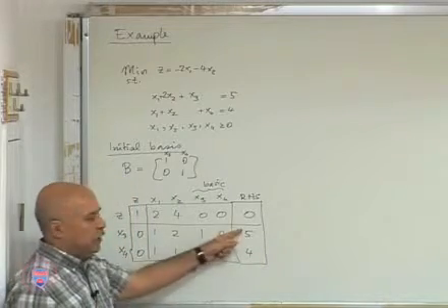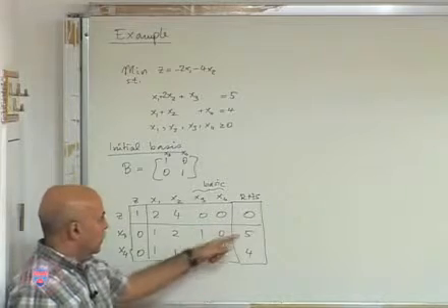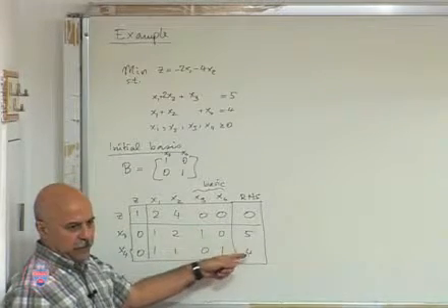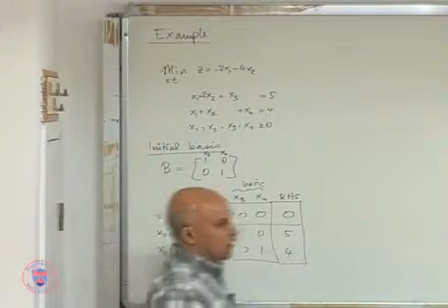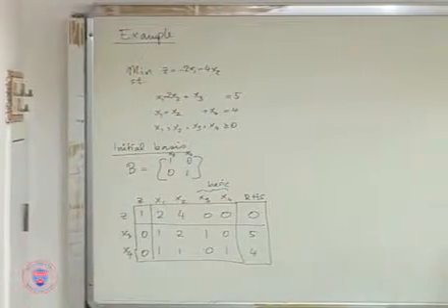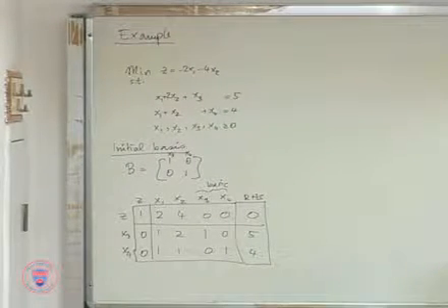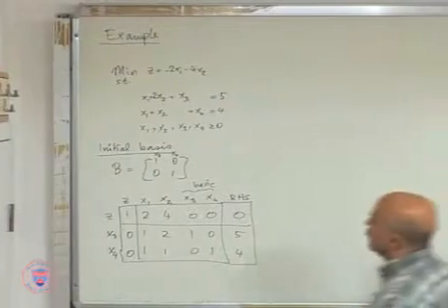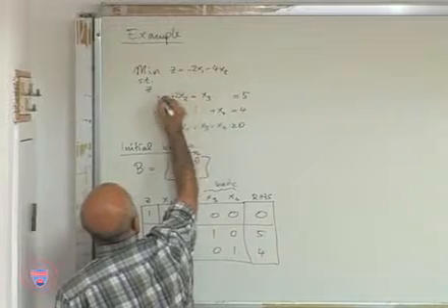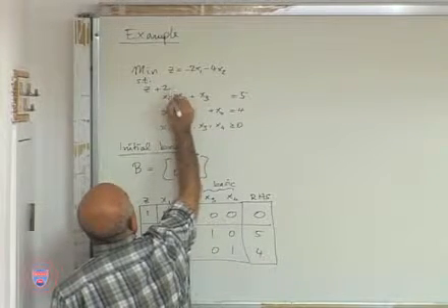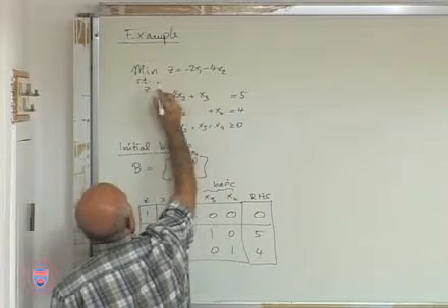So in this case, your B bar is 5, 4, because you are working with the identity at the beginning. B bar is the same as your B. All right, so that's your initial tableau, which is just the row 0 form of these equations.